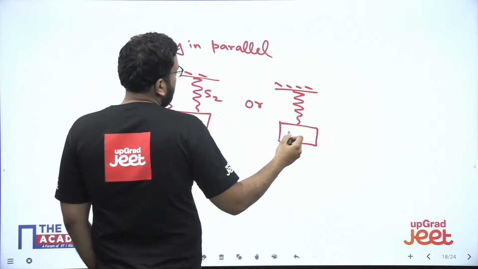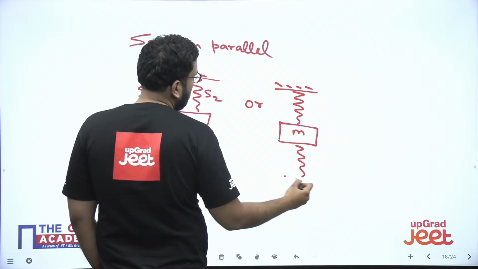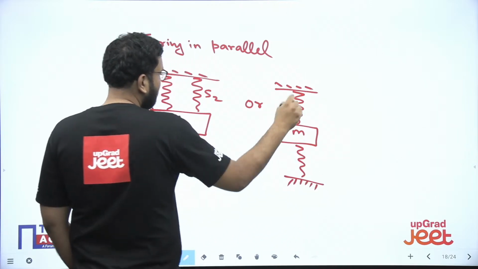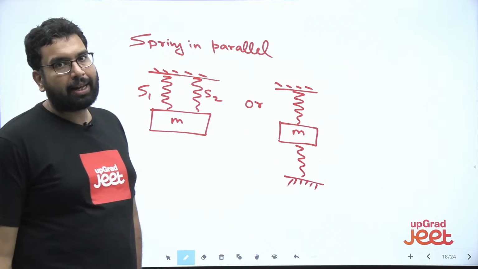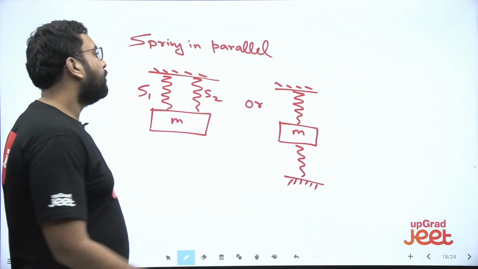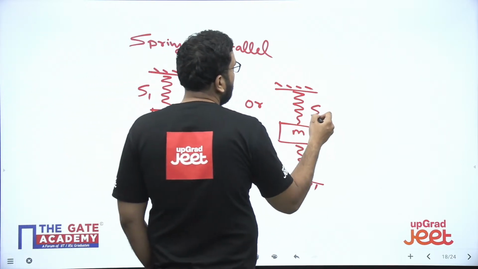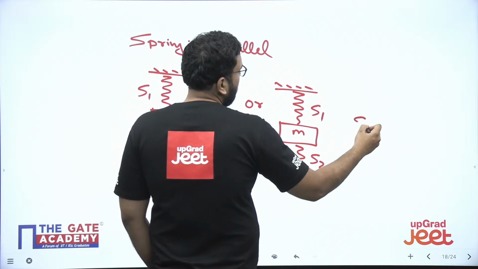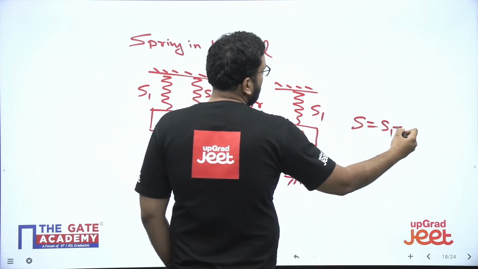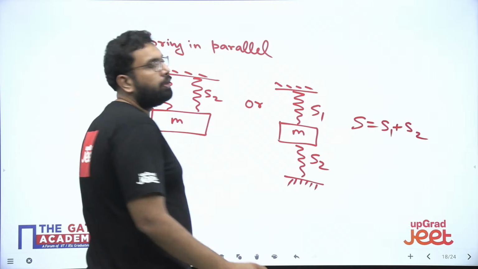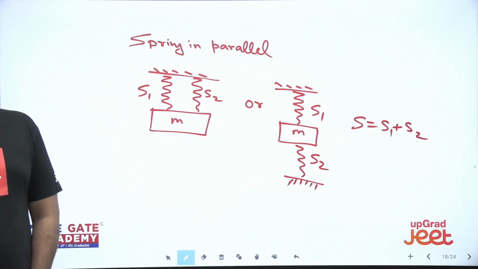Some people think that this is a series connection. No, this is also a parallel connection. Are you getting my point? So what is the equivalent stiffness? It is going to be S1 plus S2. Is it fine to everyone? Please answer me.